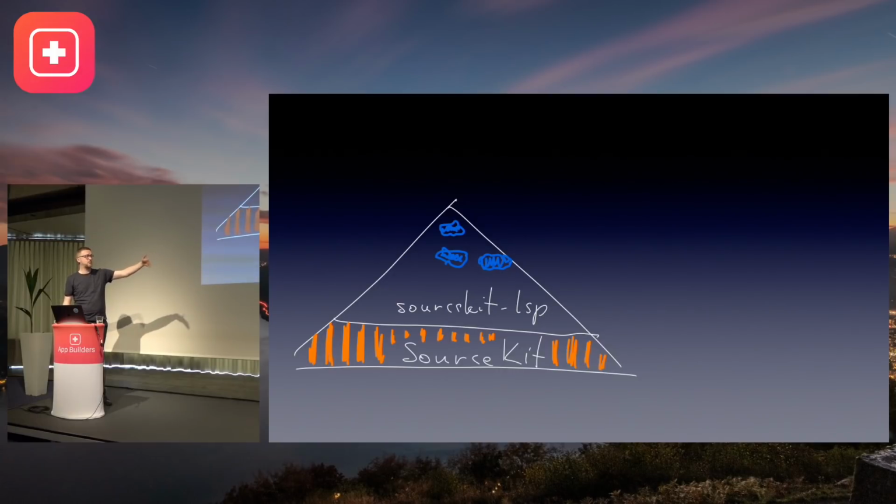Whatever the SourceKit framework provides, SourceKit-LSP can implement. But it's not viable right now. Some things happen there, but it's like a pet project now. The plan is to get Xcode to use SourceKit-LSP, the language server protocol, but I don't know. It's not going to happen this year, definitely.